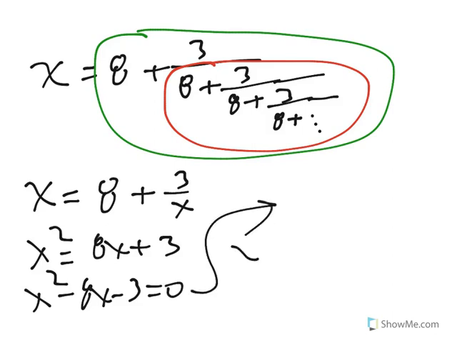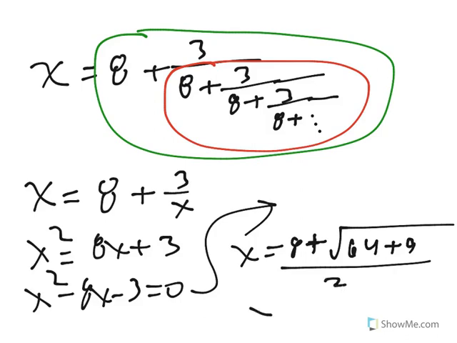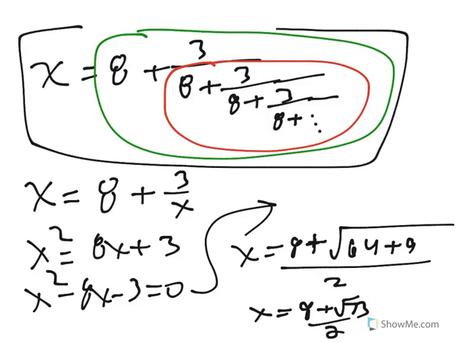It doesn't factor, so we have to use the quadratic formula. 8 plus, I'll just do the plus because it's not going to be the negative answer, radical 64 plus 12 over 2, and we end up with 8 plus radical 73 over 2. That's the exact answer to this infinite continued fraction.